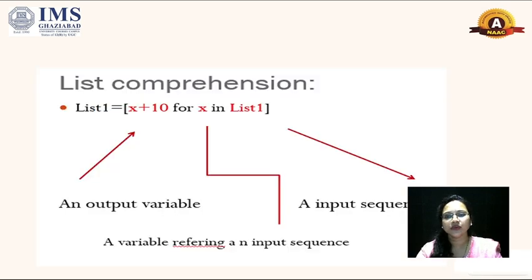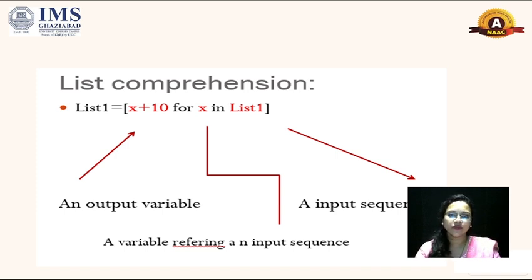Here, how does it work? Let me explain in brief. List comprehension: x + 10. Why do I have to write x + 10 here? It is the output expression. What do you want to see in your variable? You have to write it here. Then write for x in.